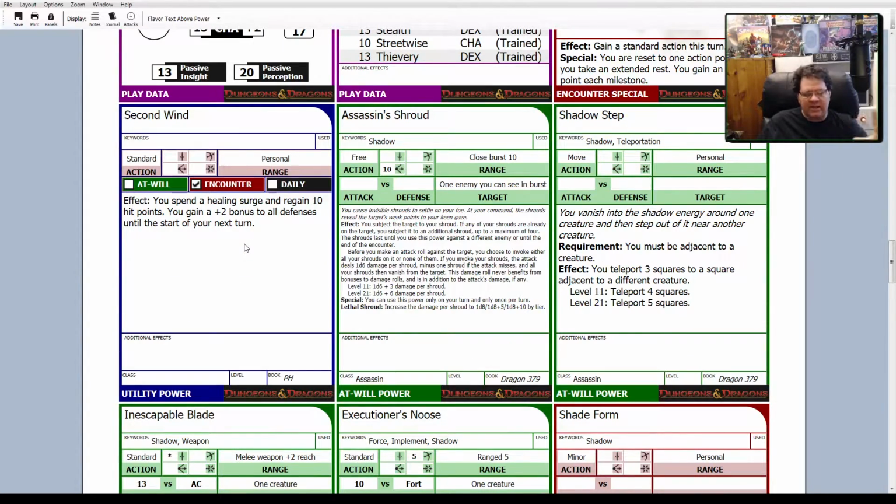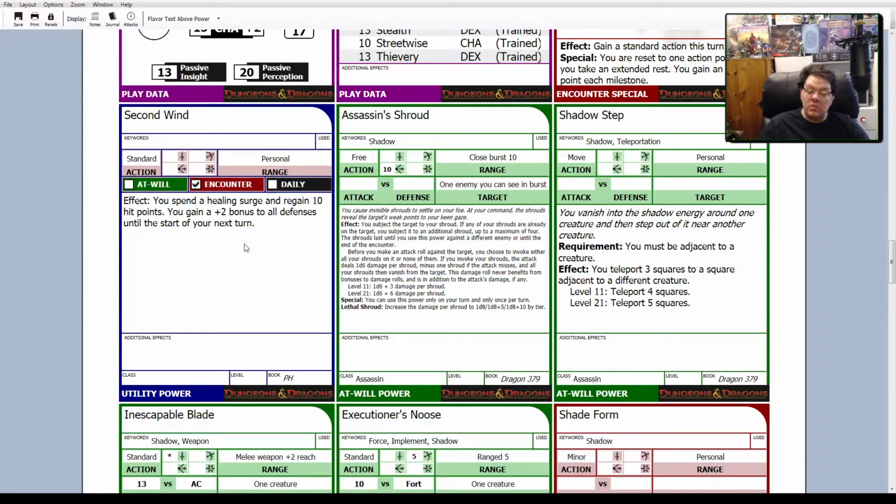Second wind is just something that any character could do. You had 3 different actions, very similar to fifth edition. In fourth edition, you had a standard action, a minor action, and a move action. And if I remember correctly, you could take a second minor action instead of your standard action if you had multiple minors you wanted to do.